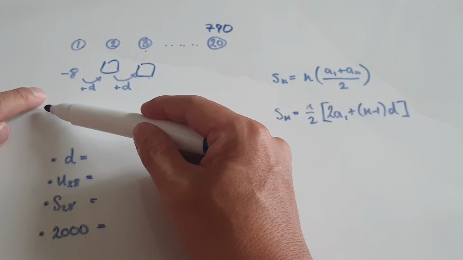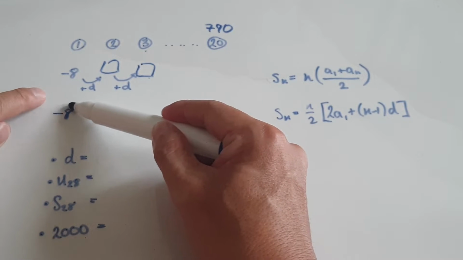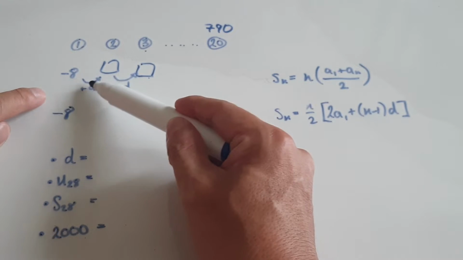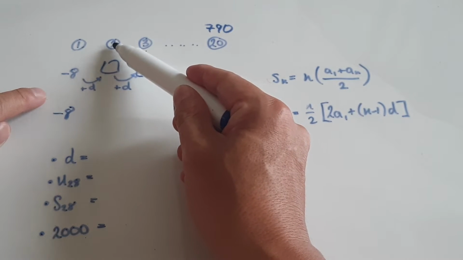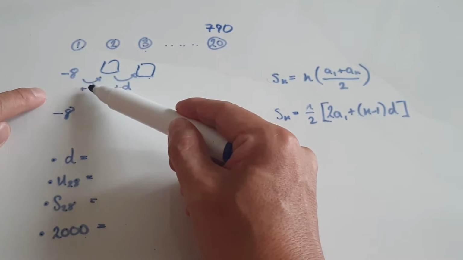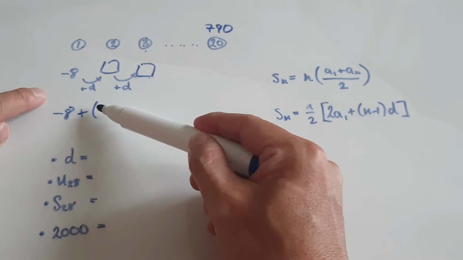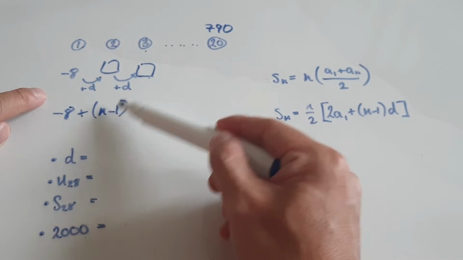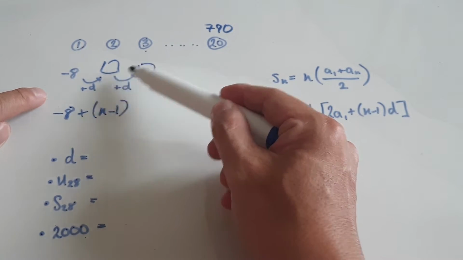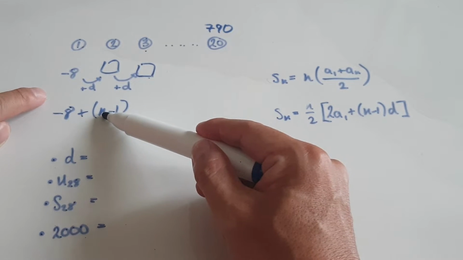So you start out with -8. Because it's an arithmetic sequence, it jumps by the common difference. So if you want the second term, then you jump by one common difference. So that would be n minus 1. Let's say n is 3. If you want to know the third term, you jump twice, n minus 1.